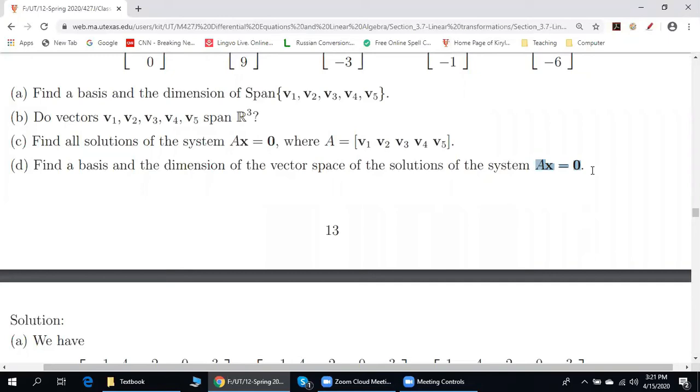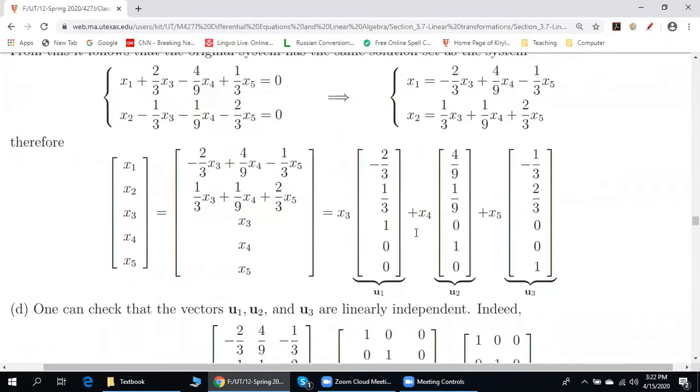We have a set of solutions. This set is a vector space because the set coincides with all linear combinations of these three vectors. Since this is a vector space, we ask a question about its basis and dimension. Basis is u1, u2, u3, dimension is 3.